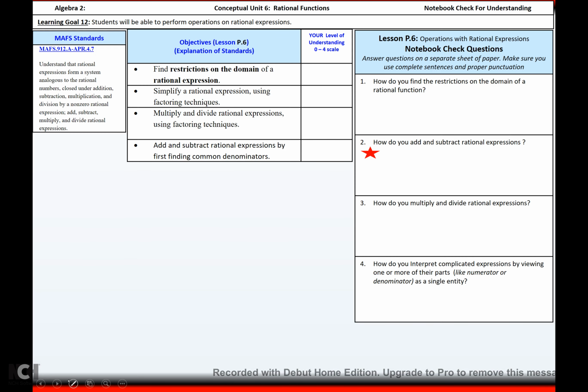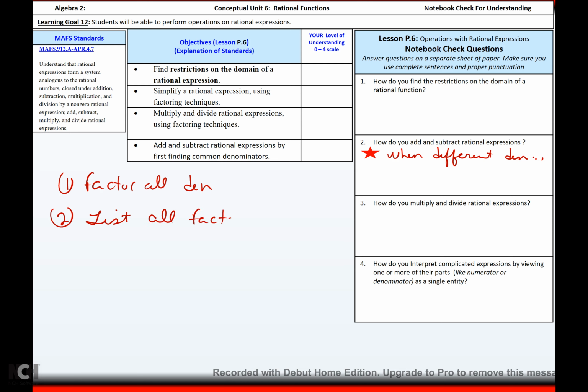And there you go. So how do you add and subtract rational expressions? I know we answered it, but that was when the denominators were the same. When you have different denominators, 1, factor all denominators. 2, list all factors in all denominators. Don't repeat unless you have to.